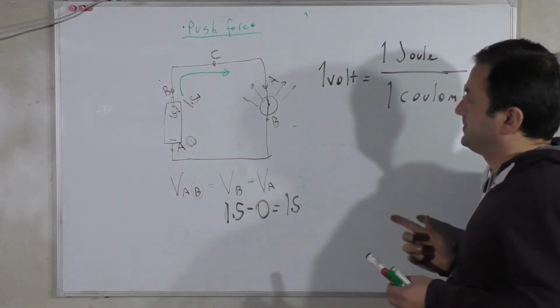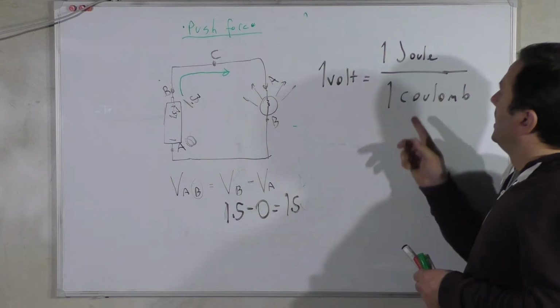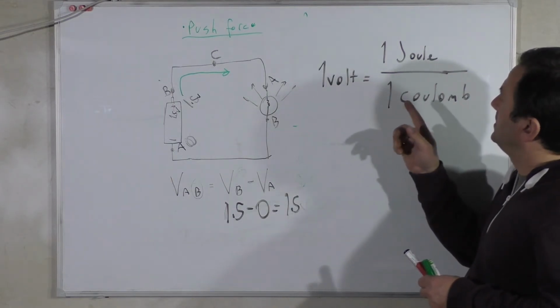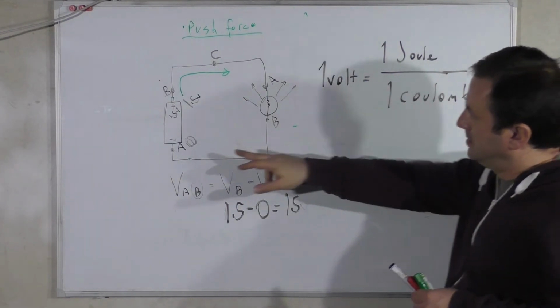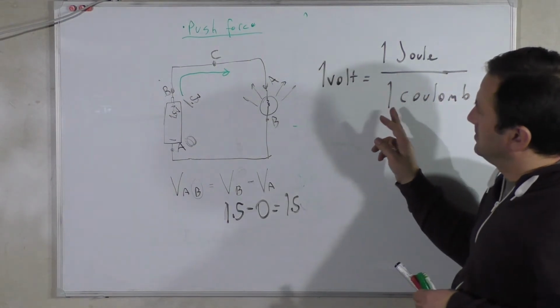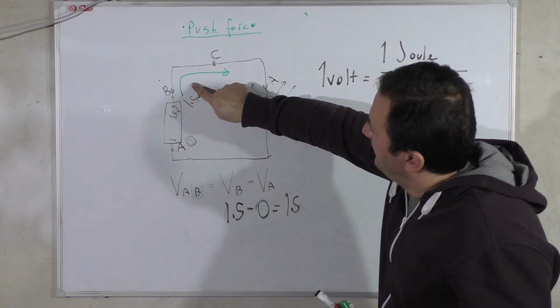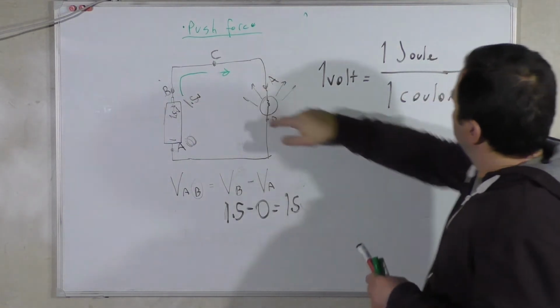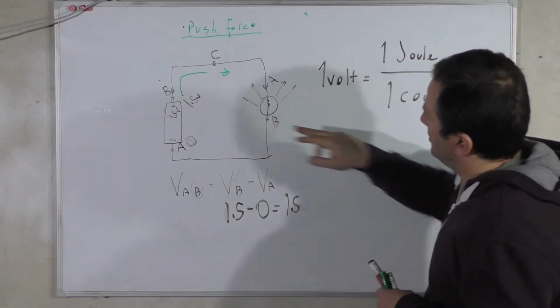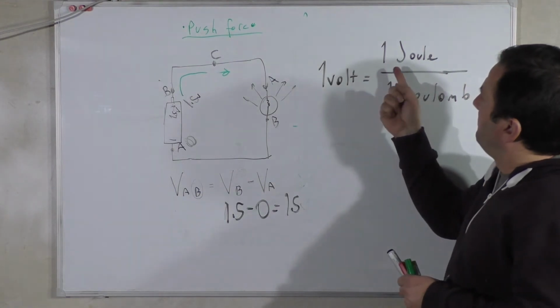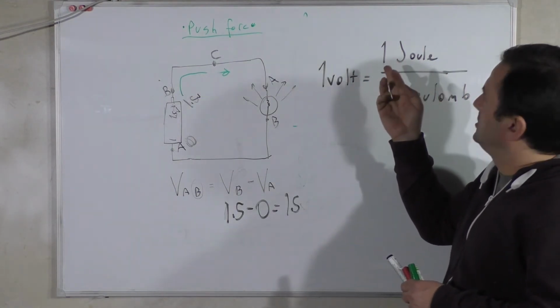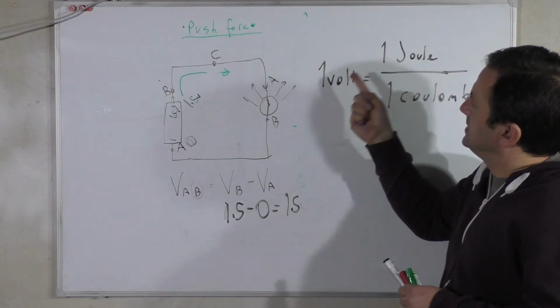What does it mean? To pass that push force, if you push 1 coulomb of charge by energy of 1 joule, it's 1 volt.